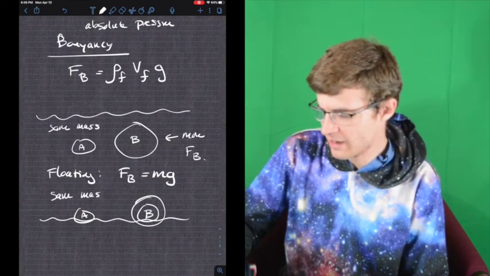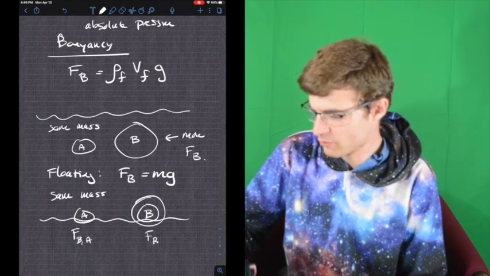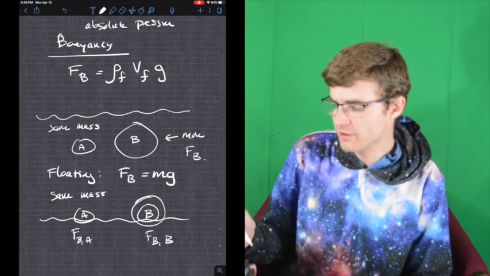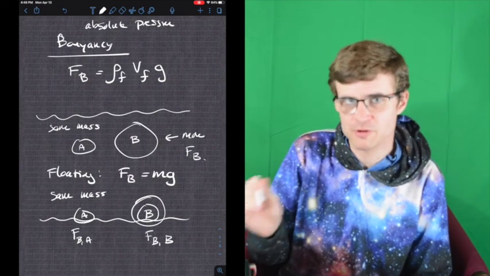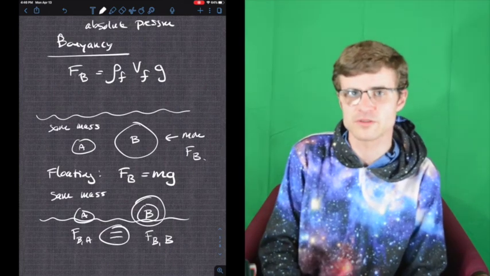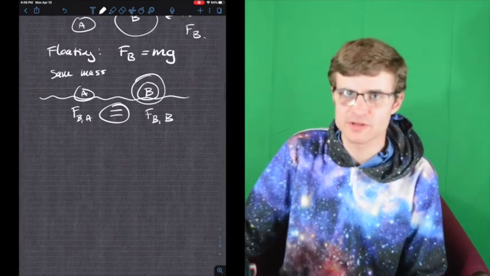We might ask how the buoyant force on A compares to the buoyant force on B. Because they're floating, the buoyant force provides just as much force to either object, and so we would put an equal sign between those two. Okay, so much for buoyancy.